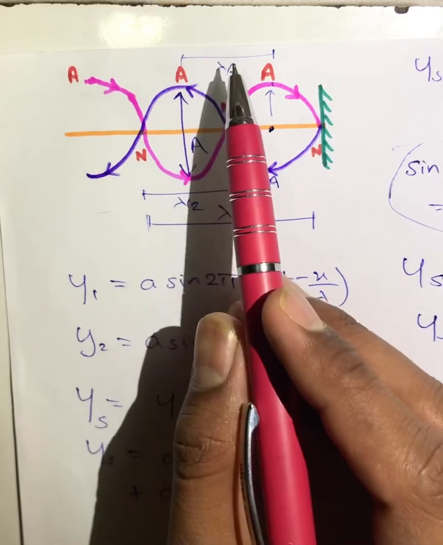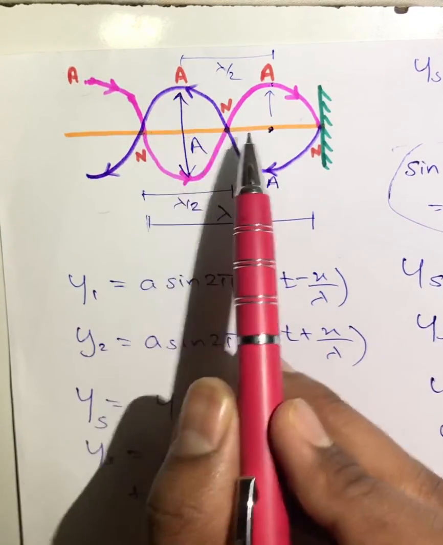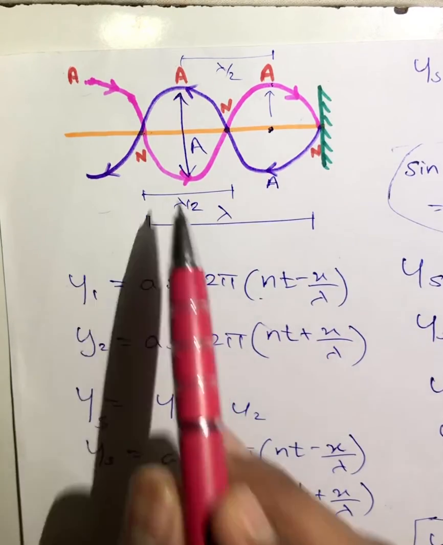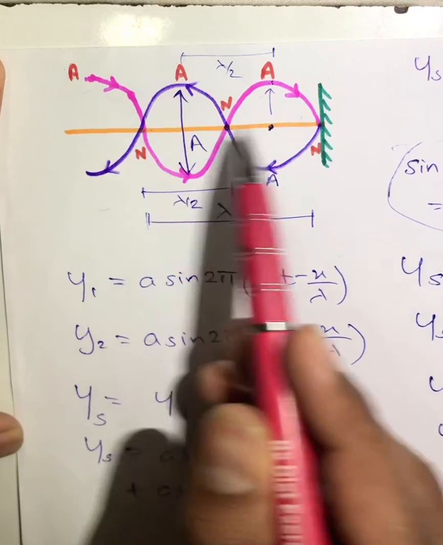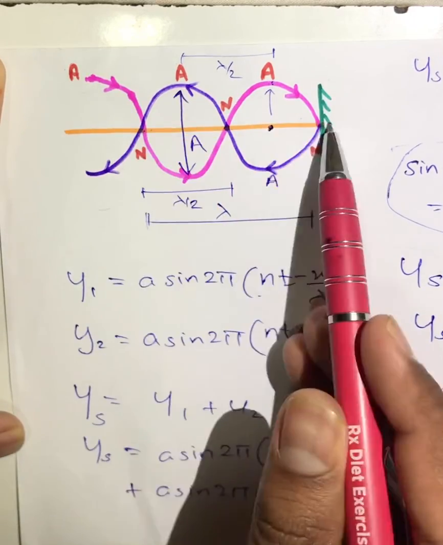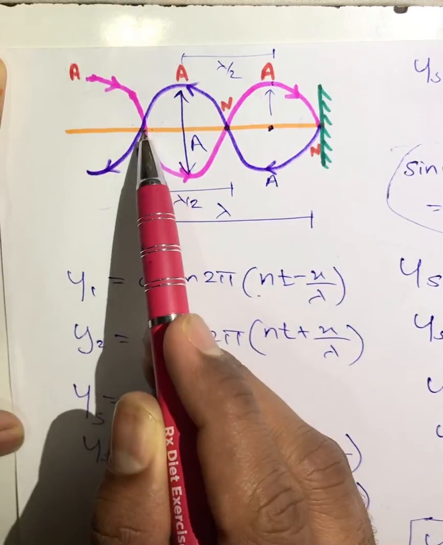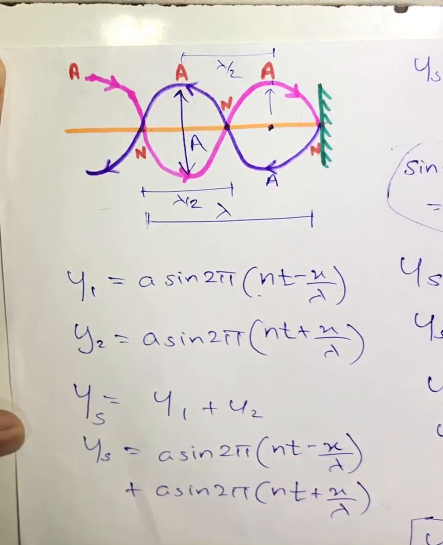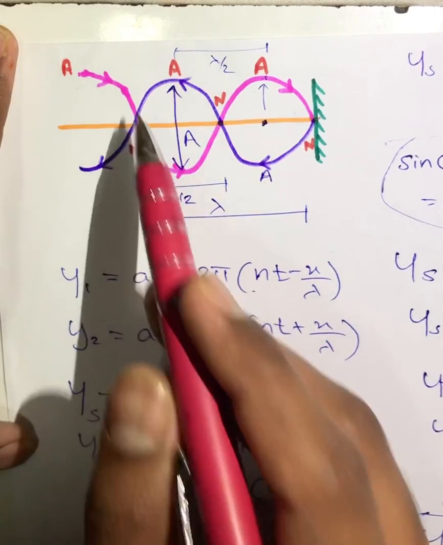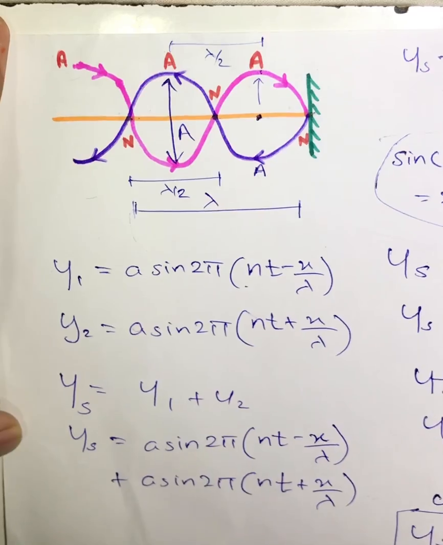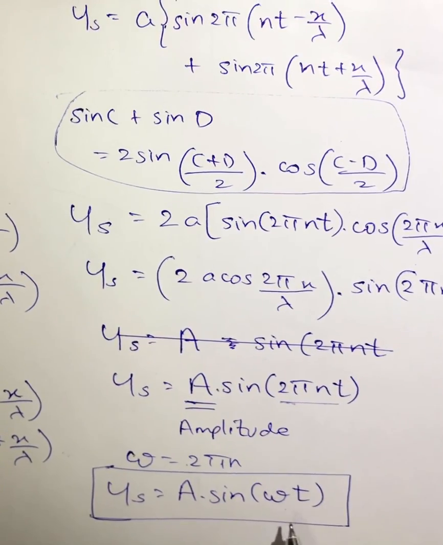So every antinode is formed at a distance of lambda by 2, and every node is formed at a distance of lambda by 2, and the whole wavelength of the stationary wave consists of two loops, that is, starting from this point to this point is the formation of one stationary wave. So simply adding these two waves, the pink wave and the lavender wave, we conclude with this equation, y equals A sin omega t.